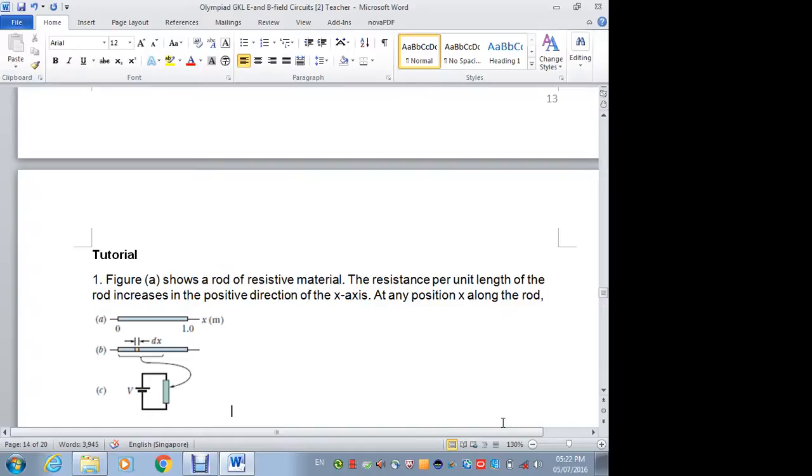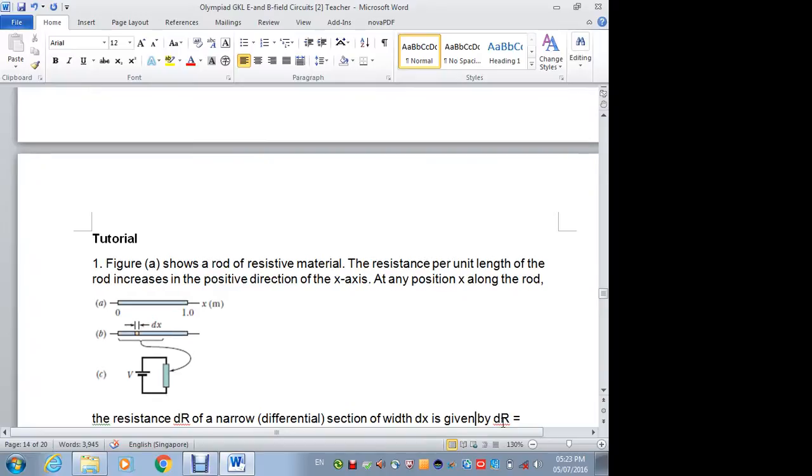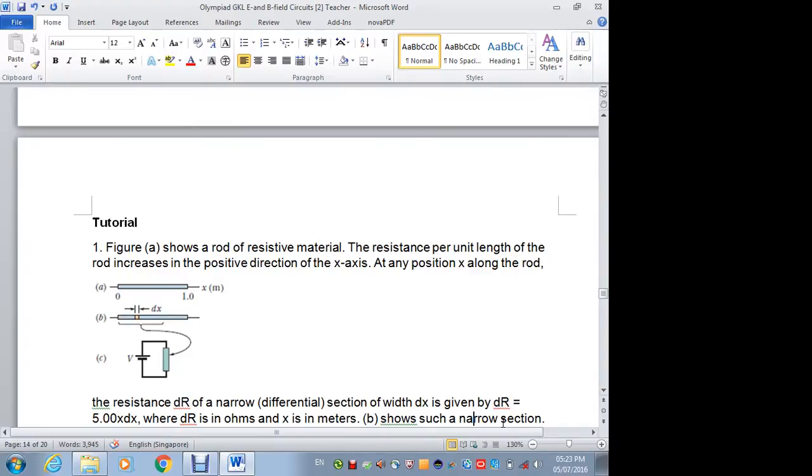Okay, figure A shows a rod of resistive material. The resistance per unit length of the rod increases in the positive direction of the x-axis. So actually, the per unit length resistance is not constant, it increases. At any position x along the rod, from 0 to 1 meter, in figure A, the resistance dR of a differential section dx is given by pi x dx.